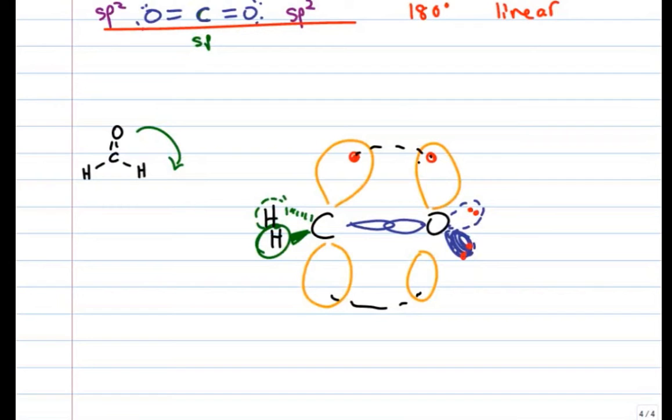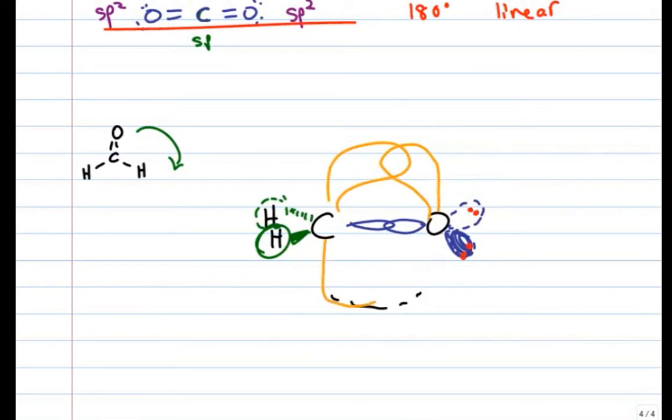It's just the two nodes of the p orbital. And when they overlap, what you get is something that looks like this. That's the top. That's the bottom. I'm not very good at drawing these, but the idea is that this is your pi bond, and the pi bond sits very high and very low on that flat molecule.